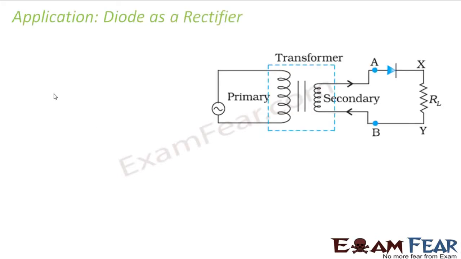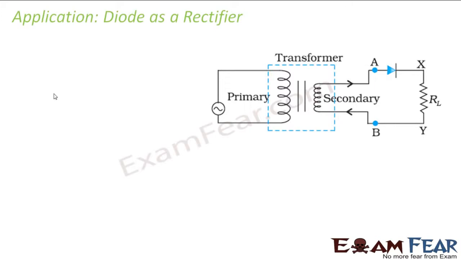So let us start with the diode as a rectifier. How does a diode act as a rectifier? Before knowing that, we should know what a rectifier is. A rectifier is basically a device which converts a bidirectional signal into a unidirectional signal.